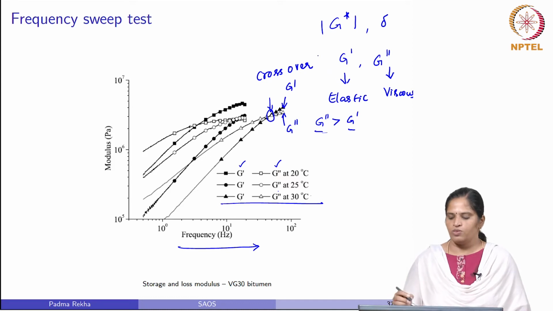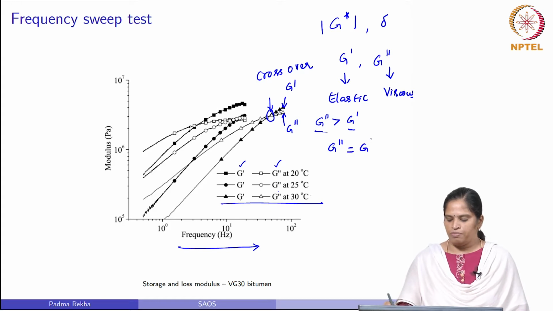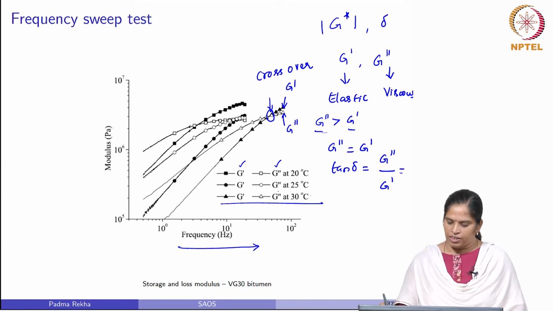At the crossover point, G double prime is equal to G prime, or otherwise tan delta, which we defined as the ratio of G double prime by G prime. Since both are equal, the tan delta value is 1, or the delta value is 45 degrees.